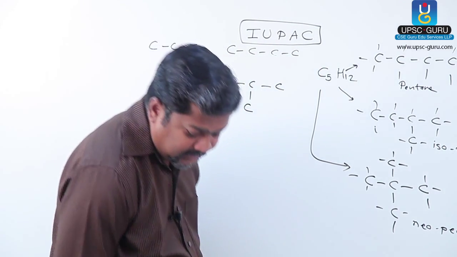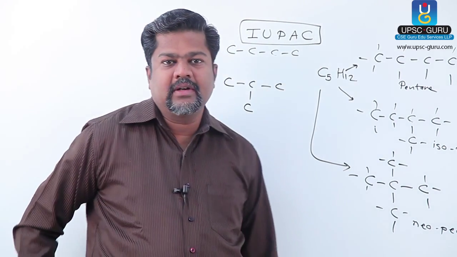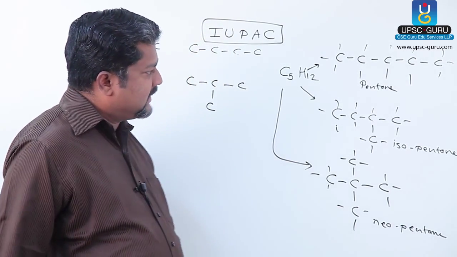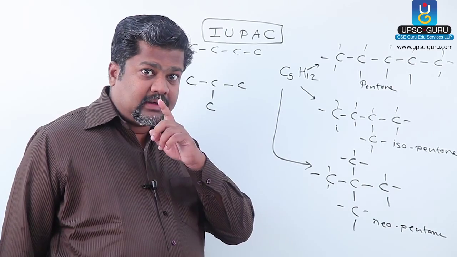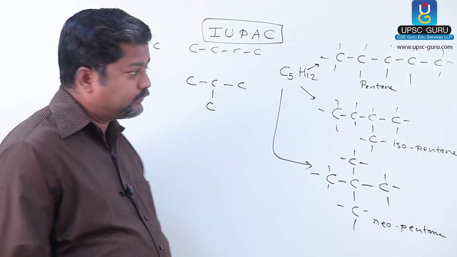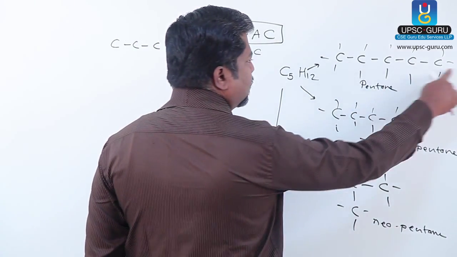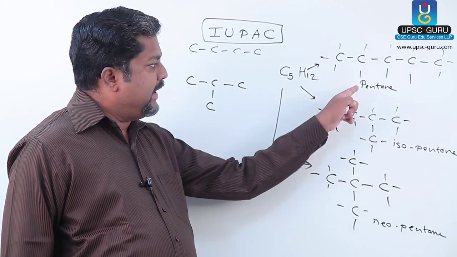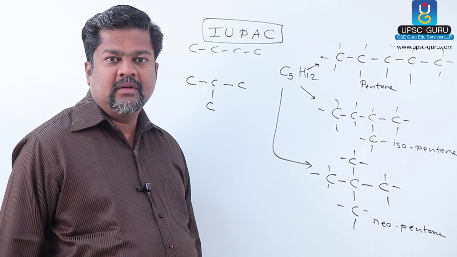Now, what is the first thing? We have to select the longest chain. Here there is only one longest chain, so select that longest chain and name it. So it is pentane as it is.